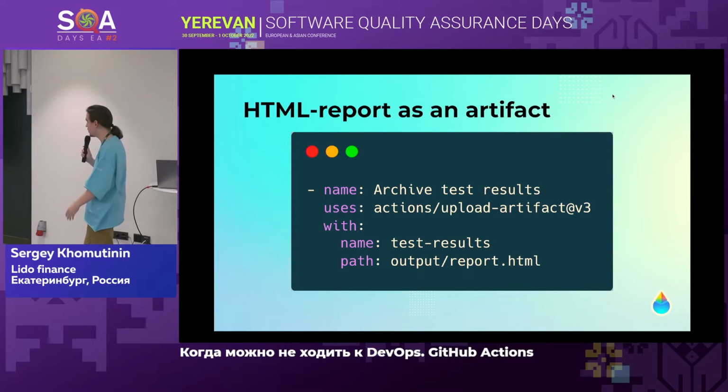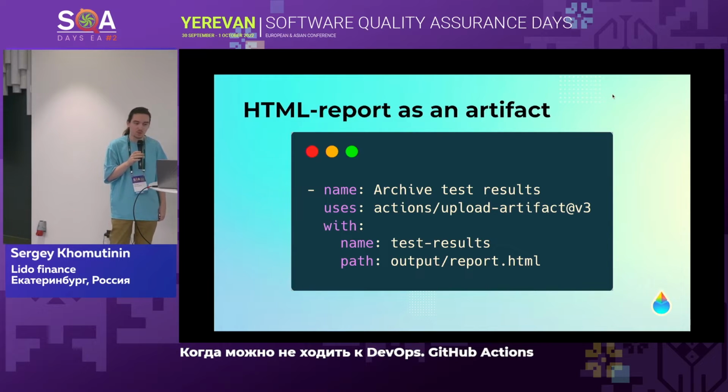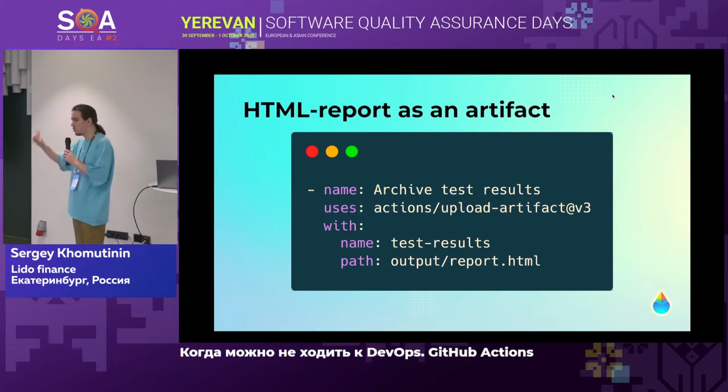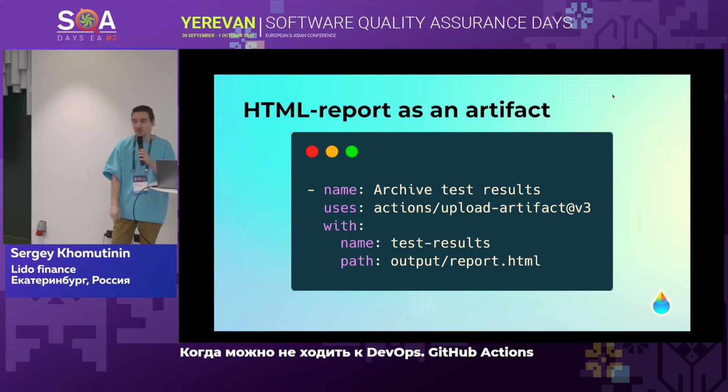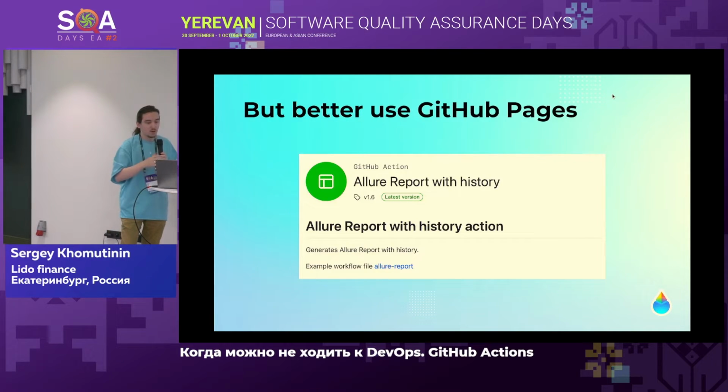A lot of frameworks are represented as HTML reports, and they come in as artifacts, which is not very convenient. We're going to have it as a file which can be downloaded locally. For some scripts, it works.